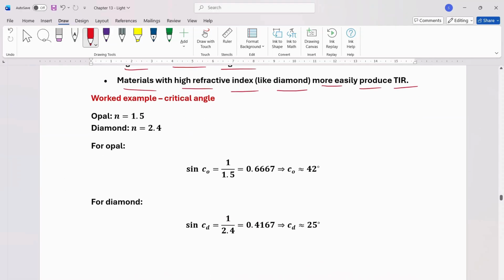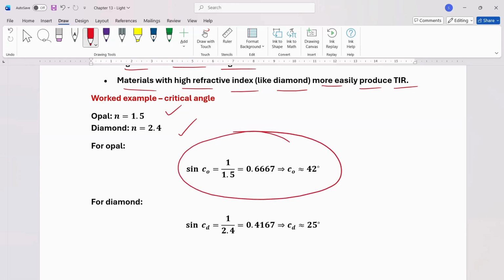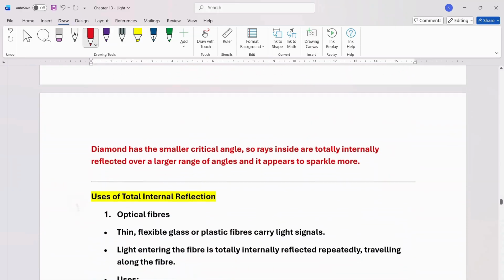Now let's see one worked example. For opal, n is 1.5 and in diamond it is 2.4. When we use the critical angle formula here, we get 42 degrees for opal, and for diamond we get 25 degrees. So materials with a high refractive index like diamond more easily produce TIR.